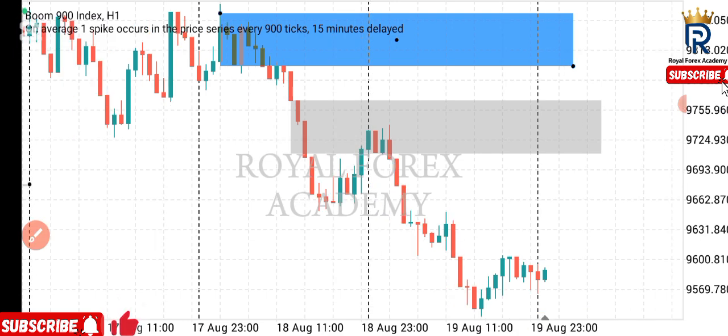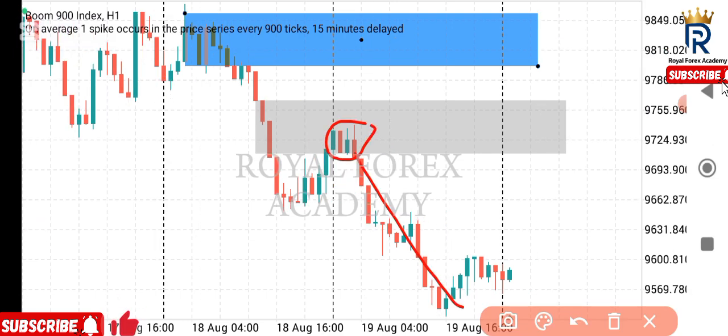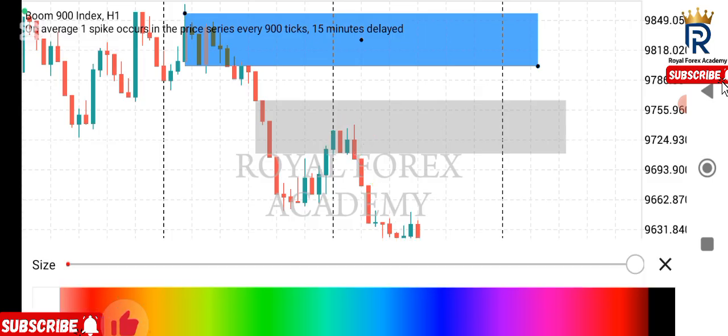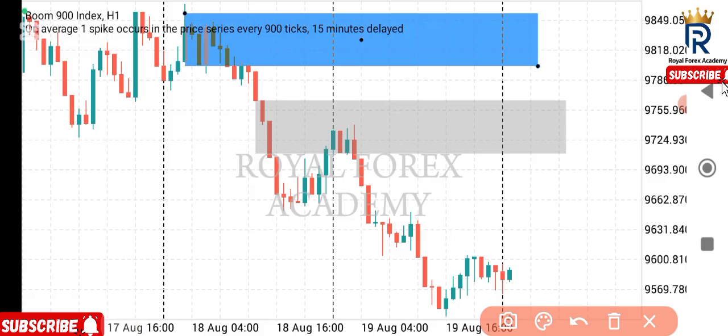If it is to be on a lower time frame, you will be seeing this movement this way. On the lower time frame, this movement that is going up, you will be seeing something like this. Price came down, you will see it going up like this.